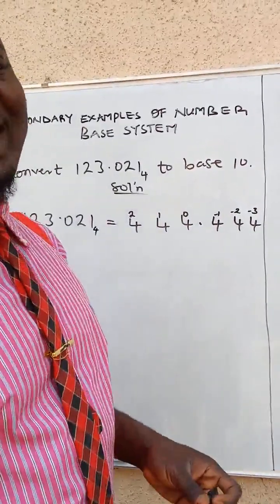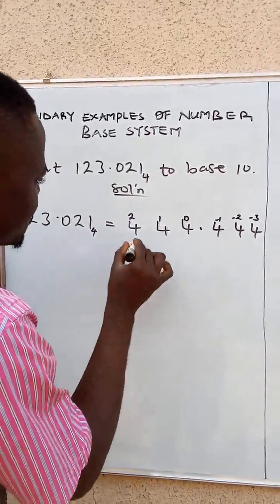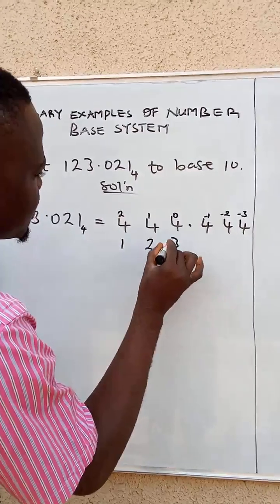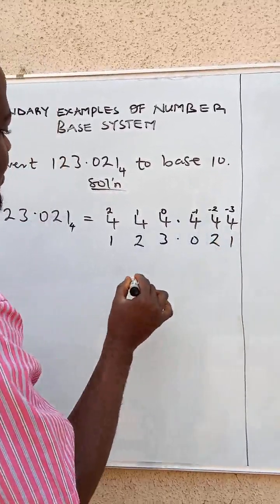We'll go to the number line, you understand better. So this is the same thing as what? You bring 1, 2, 3. Point 0, 2, 1.